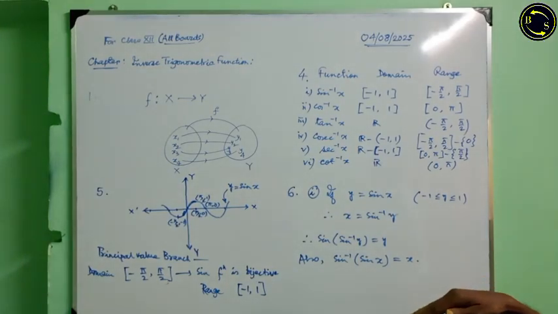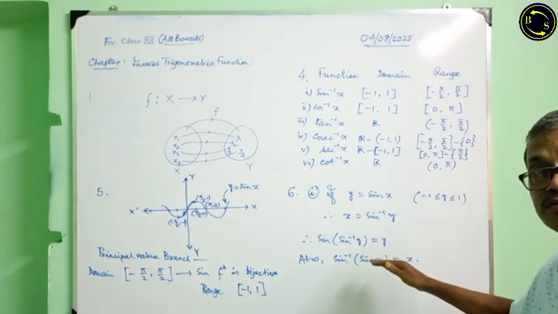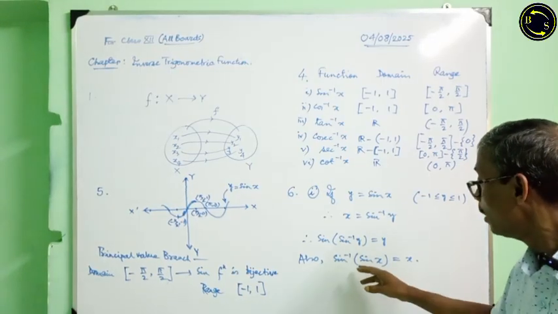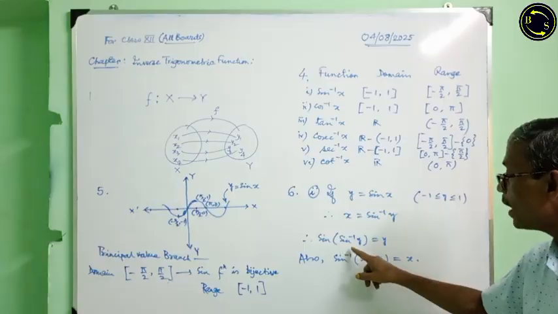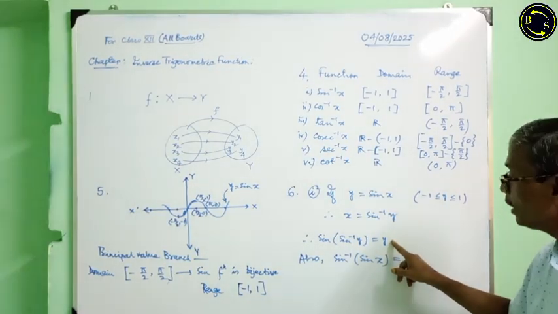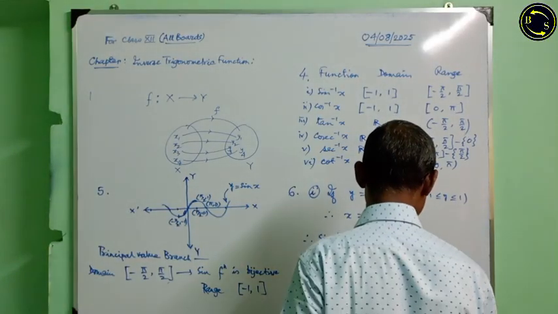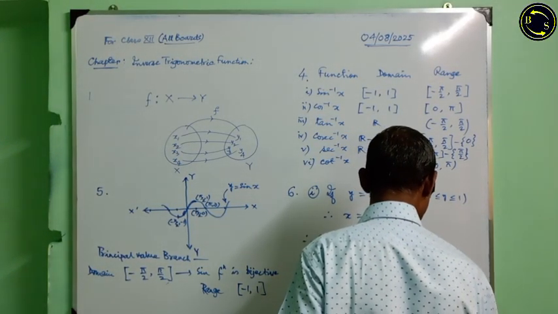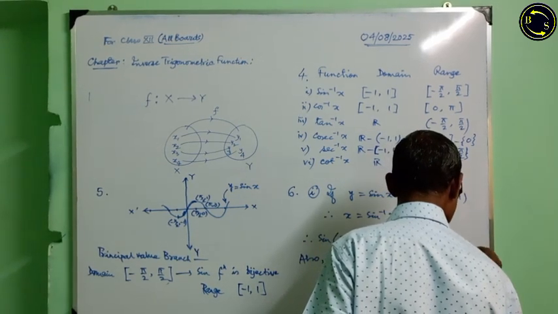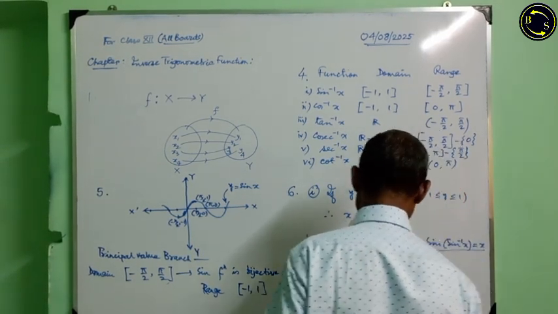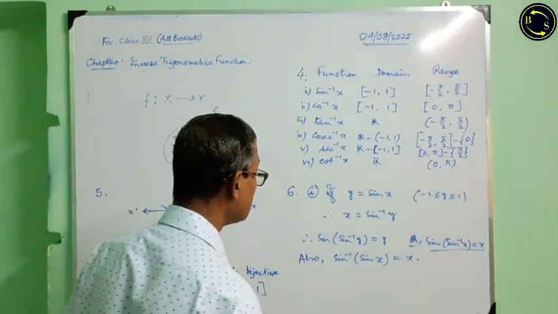Keeping all these things in our mind, we can now improve our idea and progress. Therefore, we have got two properties. First, sin of sin inverse y equal to y. If we replace y by x, then that will be sin of sin inverse x equal to x, and sin inverse of sin x equal to x.